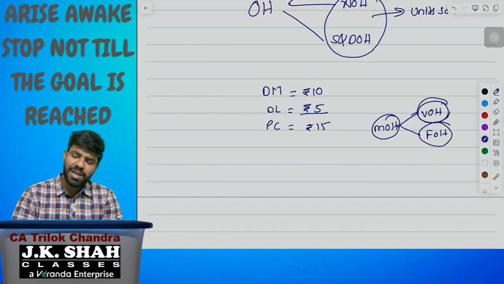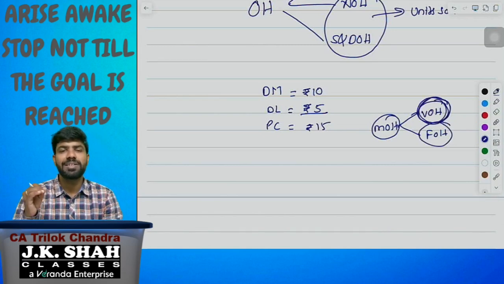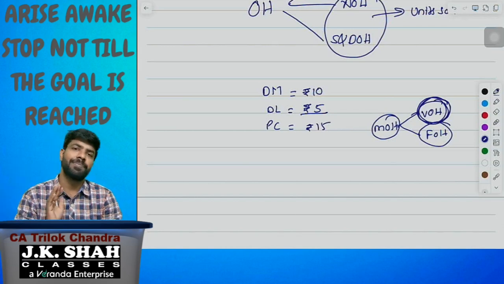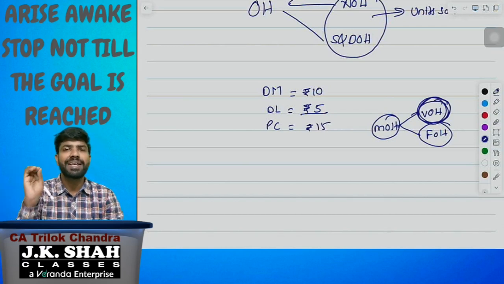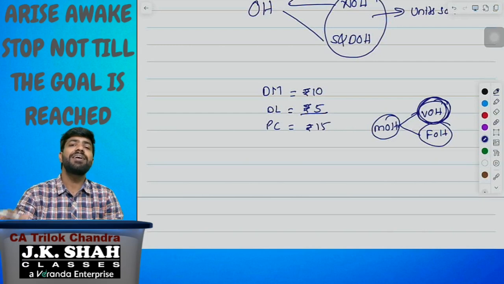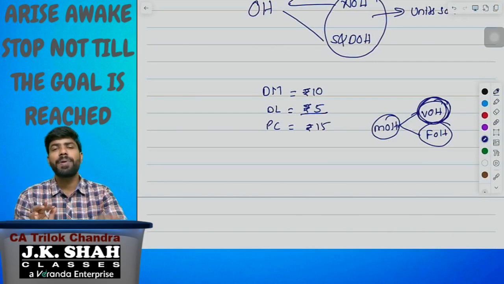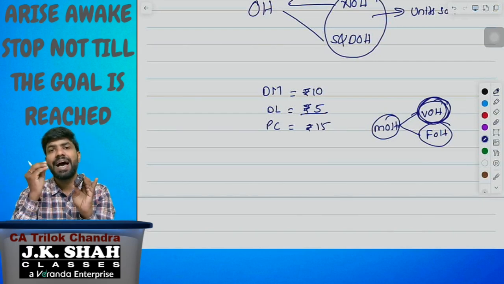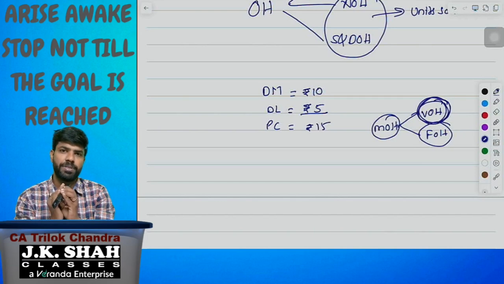Sir, what are variable overheads? Variable overheads are overheads which are incurred based on production. Let me give an example. Hire charges paid for machinery based on the production, based on the number of remotes produced. Then hire charges is a variable cost.